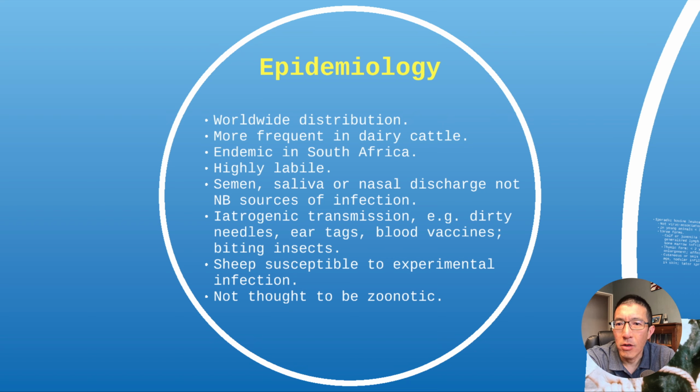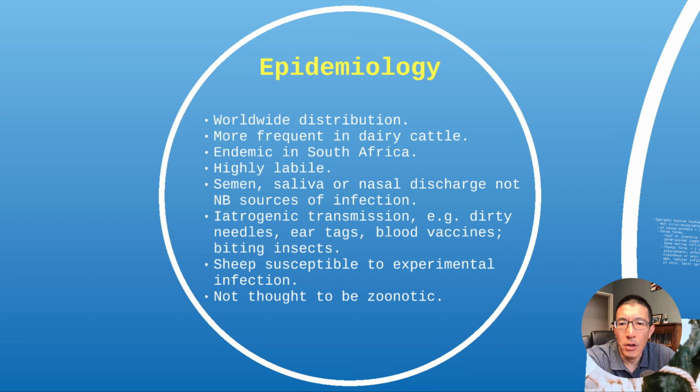So like other retroviruses, bovine leukemia virus occurs worldwide and does not survive for very long in the environment. The penetration of skin is required for transmission, so bodily fluids are not an important source of infection. Rather, the most important method of transmission is iatrogenic, that is, caused by humans.